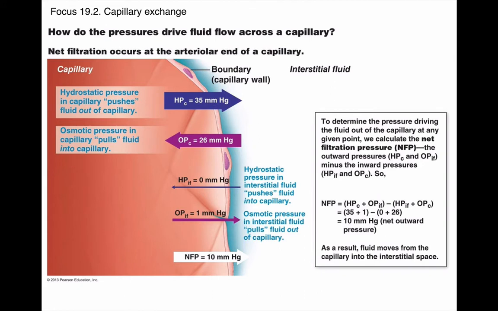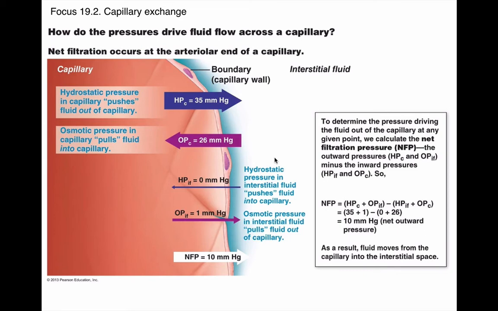So when we calculate the net filtration pressure, this is done by summing up all of these different forces. For this panel, we're looking at the arteriolar side of the capillary bed.